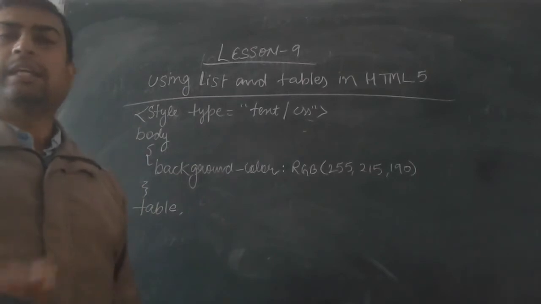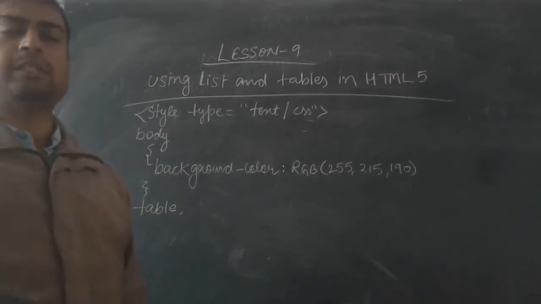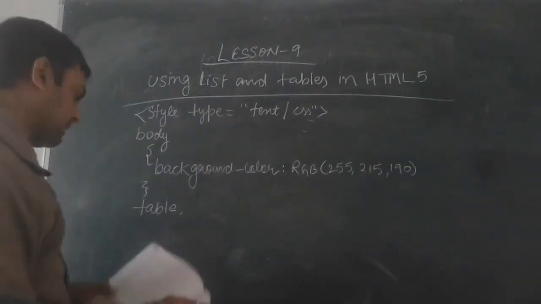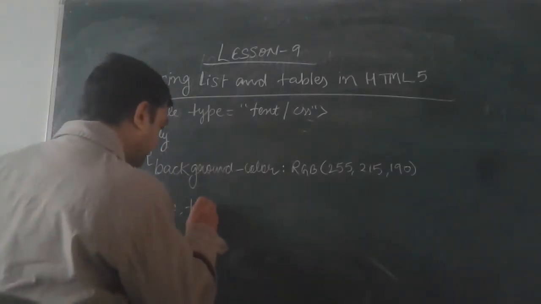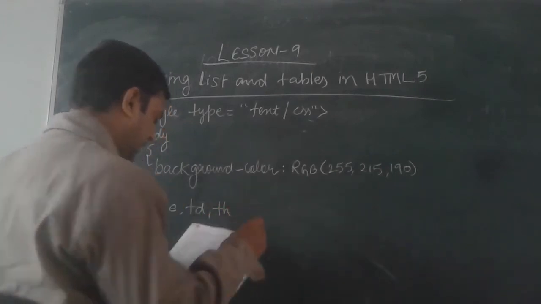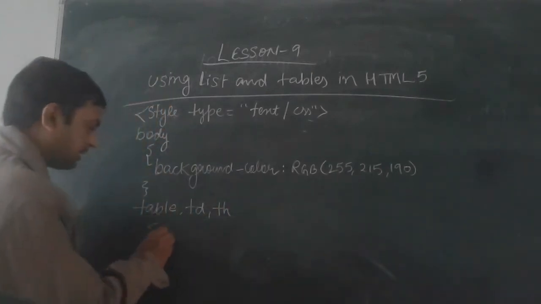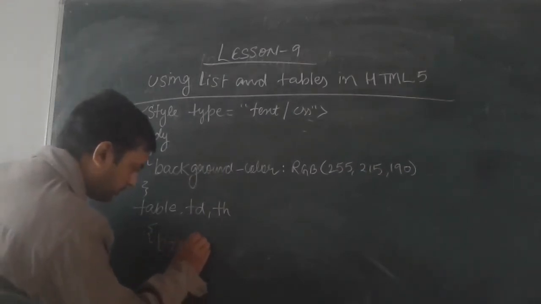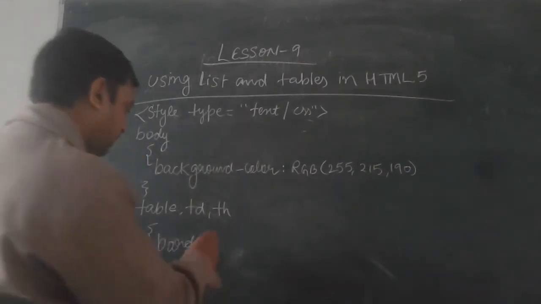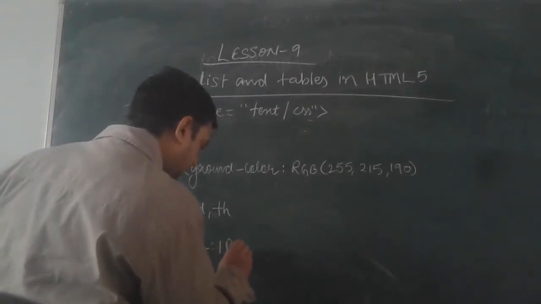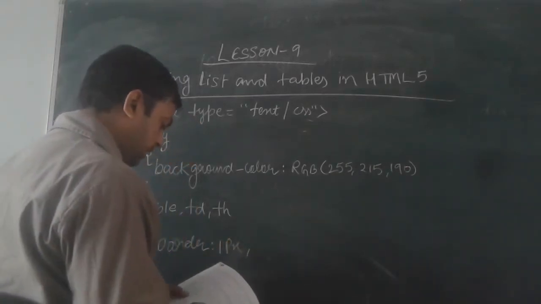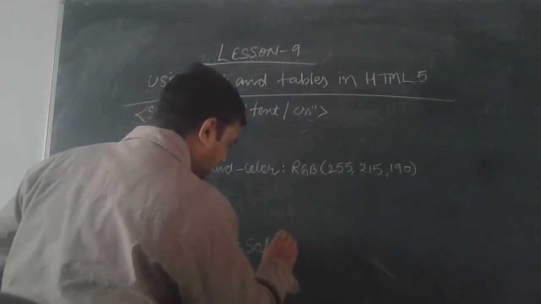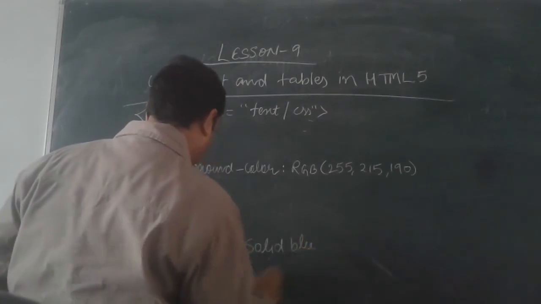You can write comma separated values, and you can apply the same property in many tags like table, TD, TH, and in this I am writing border 1px solid blue.